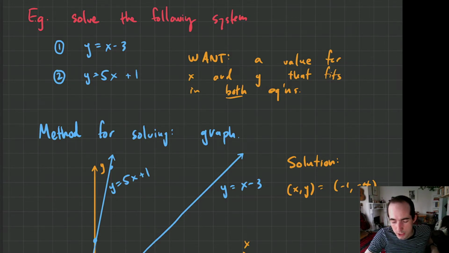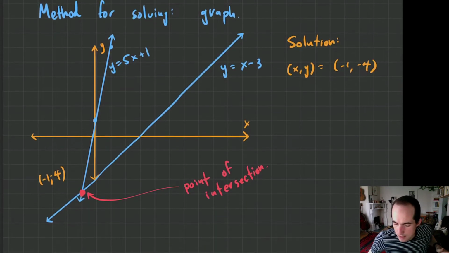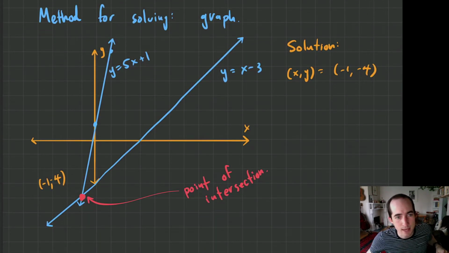If the question asks you to solve it in any way you like, then use any way that you like. It depends on the context. If it didn't specify the method, then you can use any method you want, but if it asks you to use a specific method, then you have to use that specific method. So the solution here is -1 comma -4. So that's one way of interpreting these systems of linear equations, by a graph.